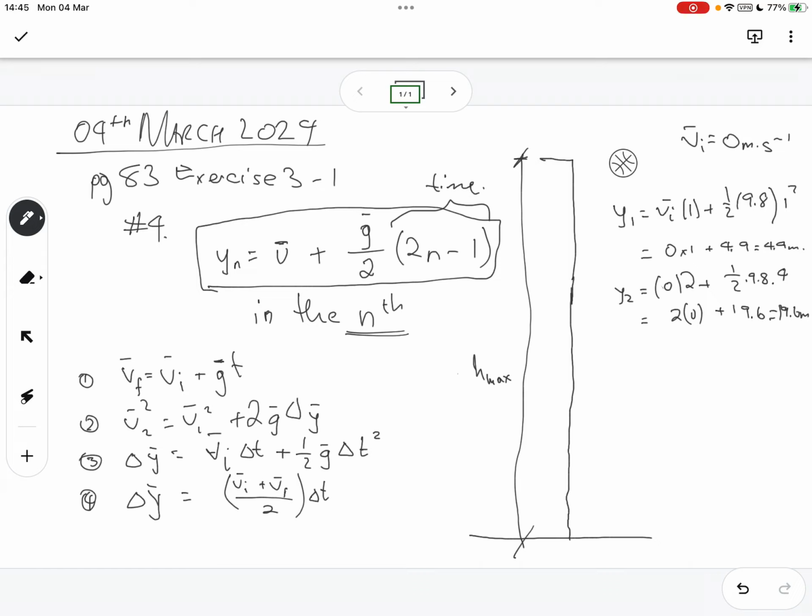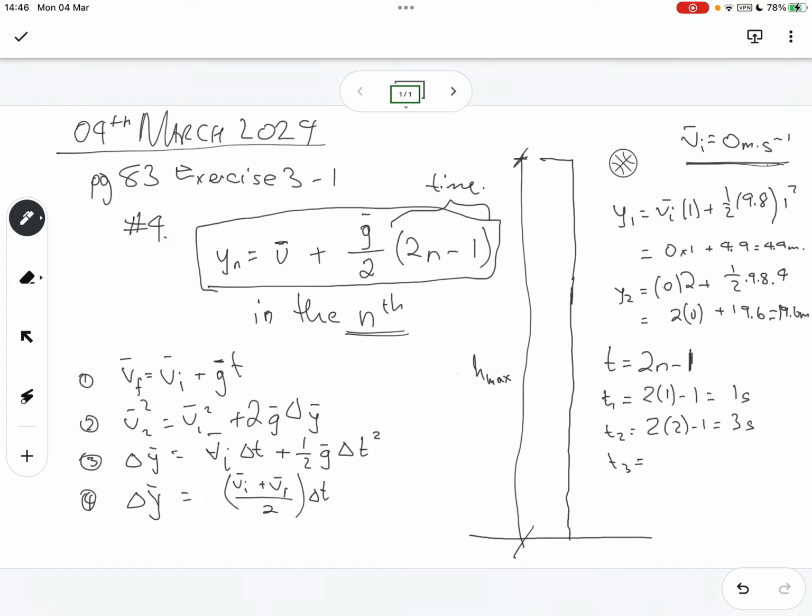Okay, so Joy, check this out, right? When we reverse, I don't know how the 2n minus 1 was exactly derived, but what I can tell you is, since we only know the first 3 seconds and we can estimate the distance more or less with v1 equals 0 meters per second, then if t is 2n minus 1, at 1 second the time is 2 times 1 minus 1, which is 1 second.